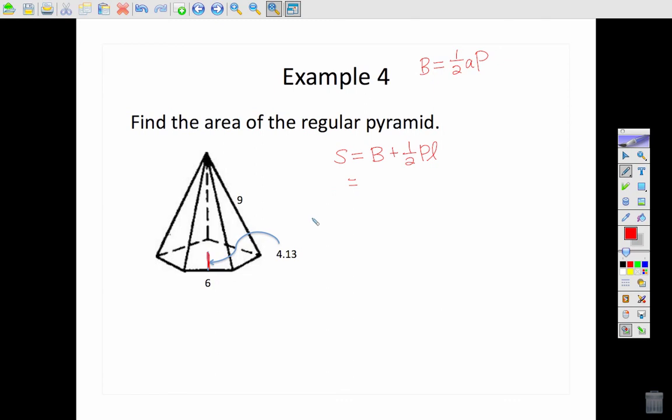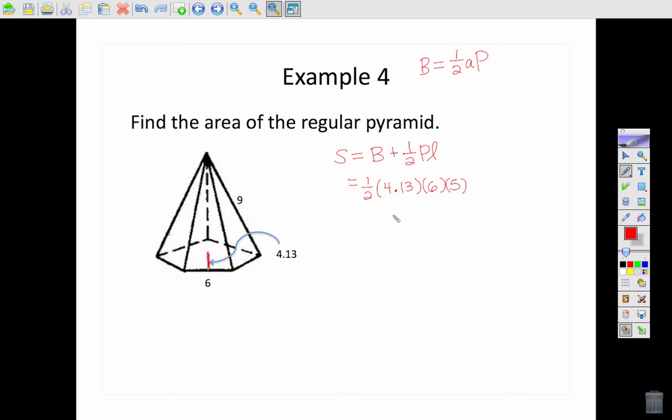So I was nice to you today and I gave you the measurement here for the apothem, so you don't need to calculate that, but remember we can do that just like we did the other day if we need to. So I have area of the base, which is 1/2 times the apothem times the perimeter.